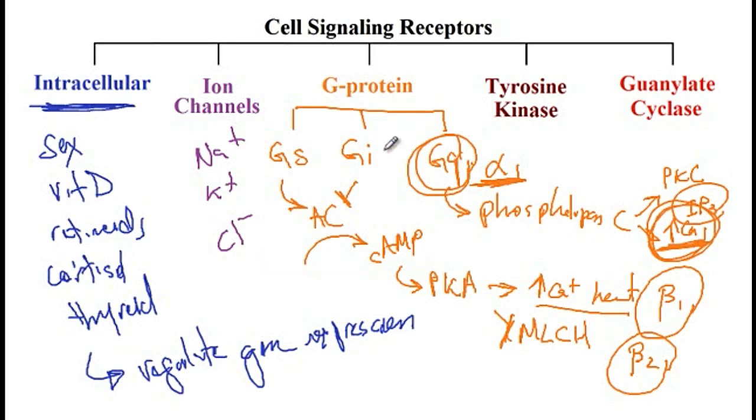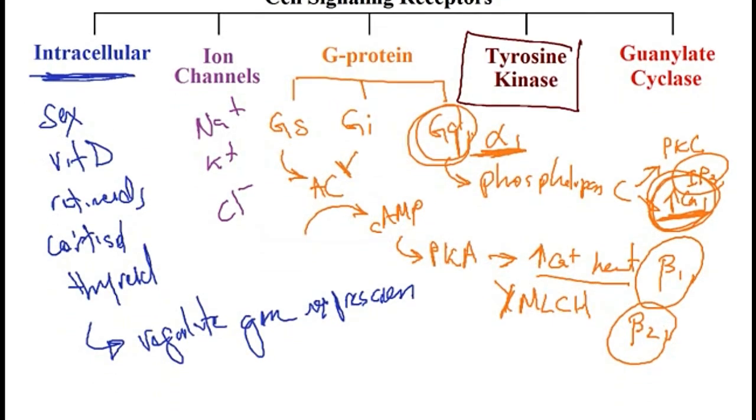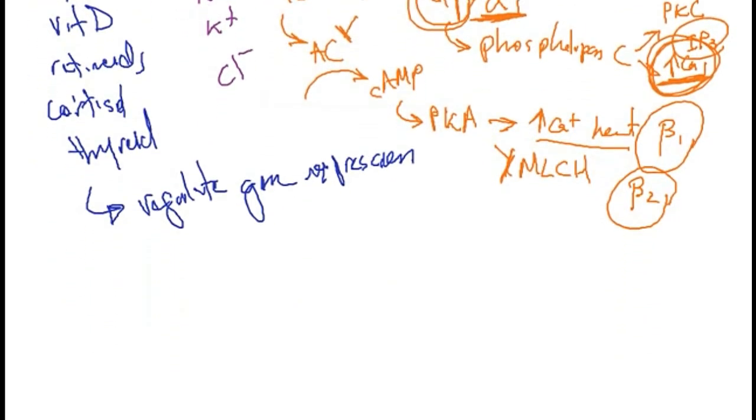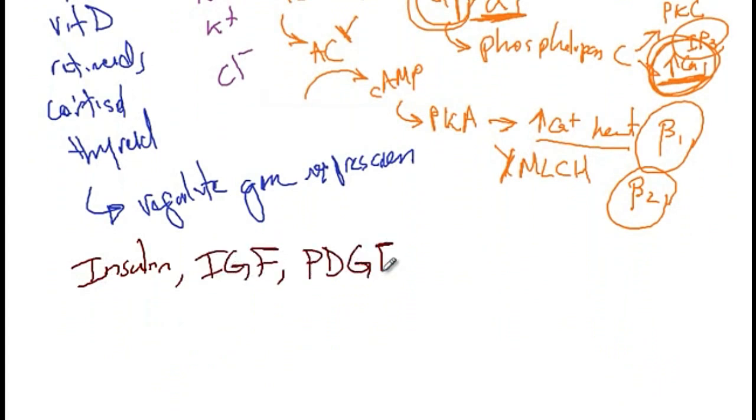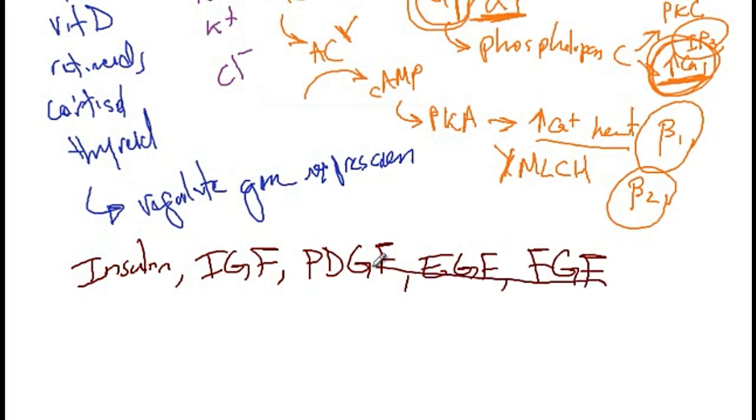The next type of receptor is the tyrosine kinase receptor, and the type of molecules that act on this receptor include the insulin-like growth factor, platelet-derived growth factor, epidermal growth factor, and fibroblast growth factor. So these factors will directly act on the tyrosine kinase receptors.